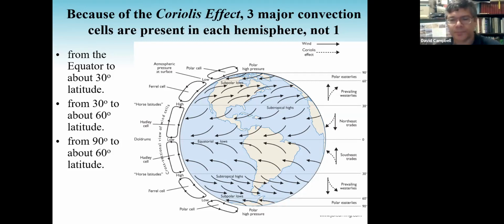This pattern then sets up winds in different directions, as the picture here is illustrating. So we've got one loop that's roughly equator to 30 degrees north or south, one from about 30 to 60 north and south, and one between 60 and 90.